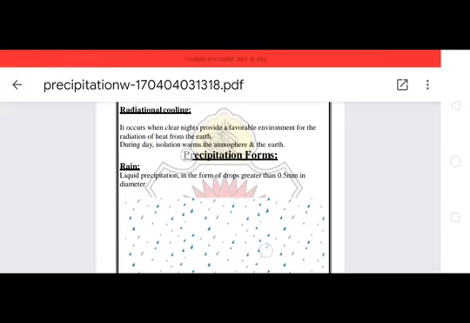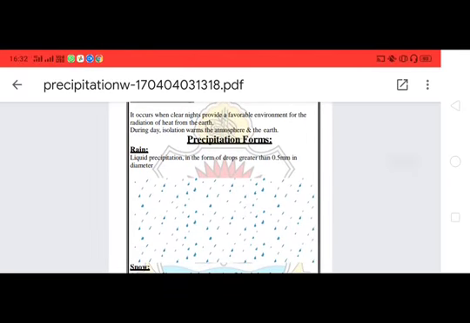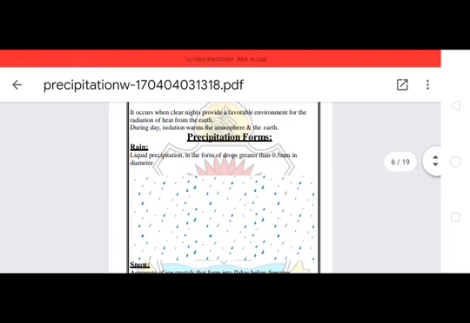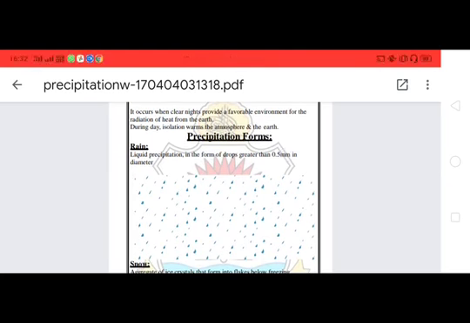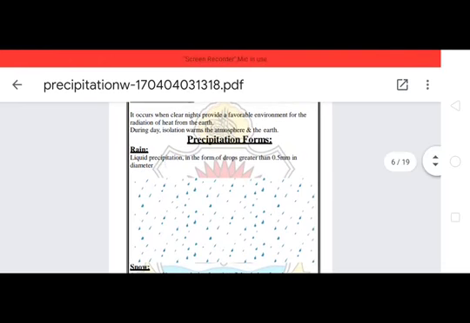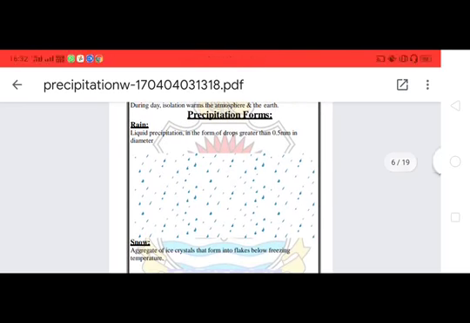Now we are discussing precipitation forms. The first point to be discussed is rain. Liquid precipitation in the form of drops greater than 0.5 mm diameter, as shown in the picture, is rain.